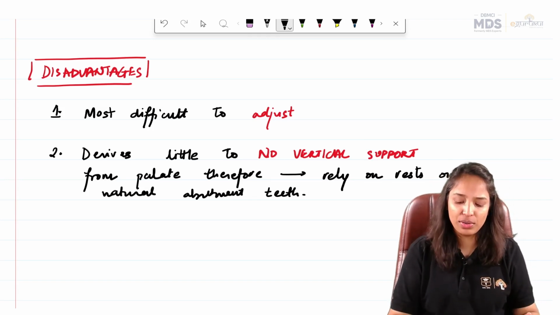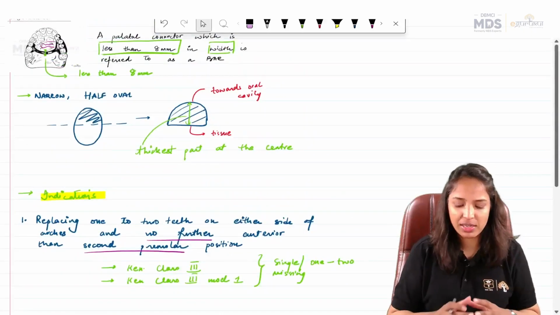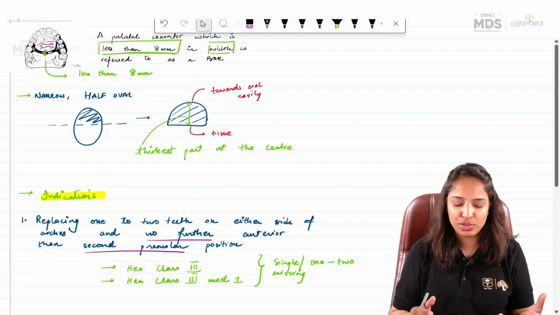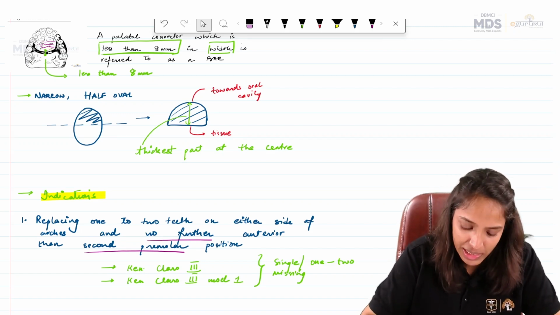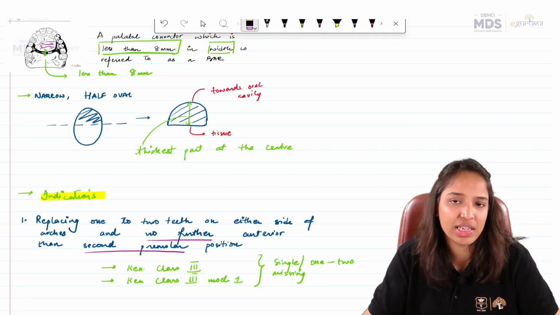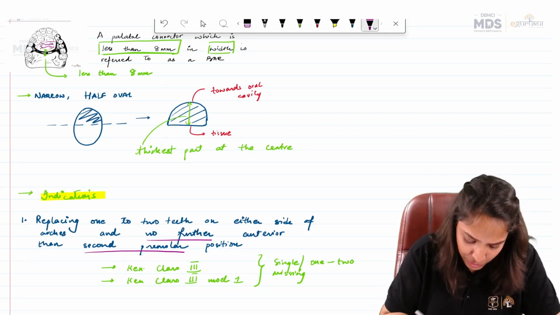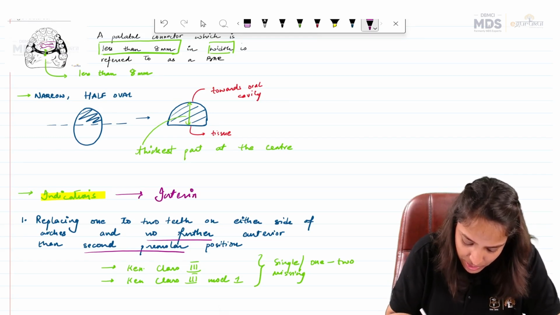So these are all of the different points that are pertaining to your single palatal bar. It is an old design, not used very frequently, and mainly now clinically I'll tell you where it is indicated. So clinically, if I say where single palatal bar is indicated, it would be for your interim partial dentures.